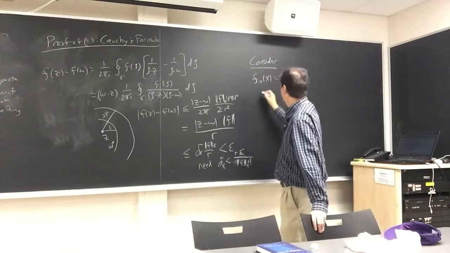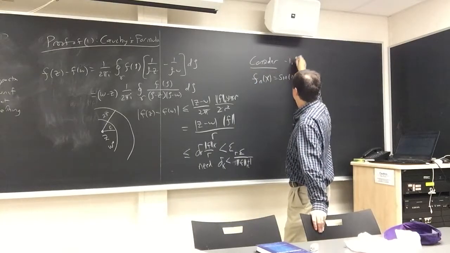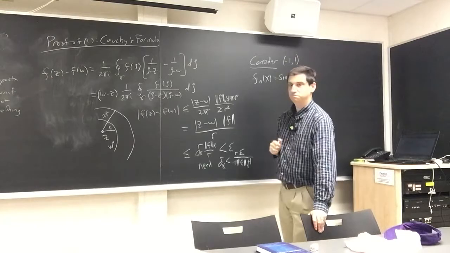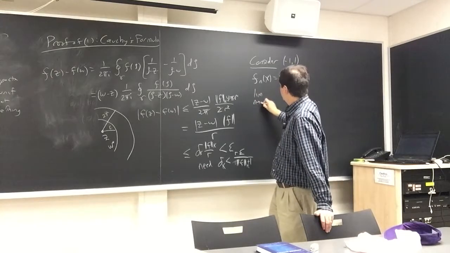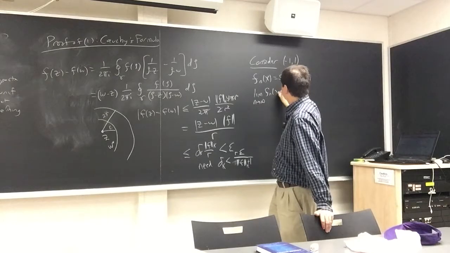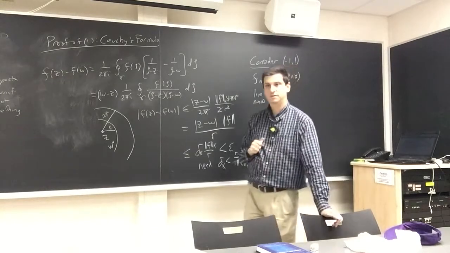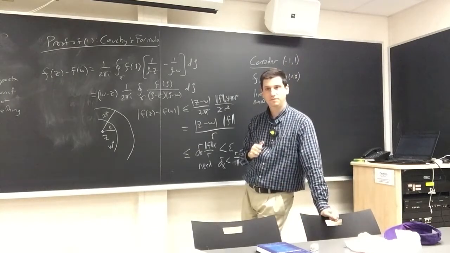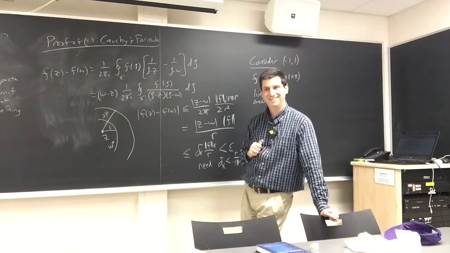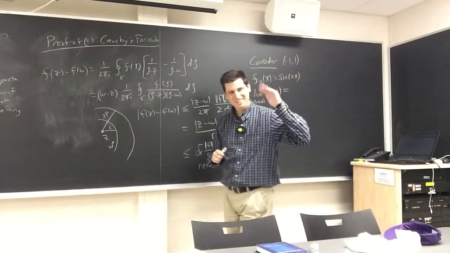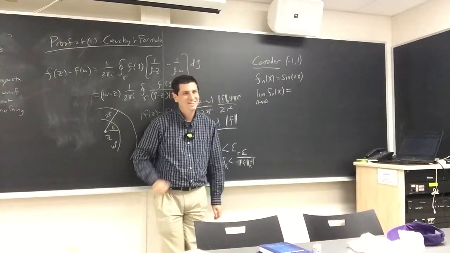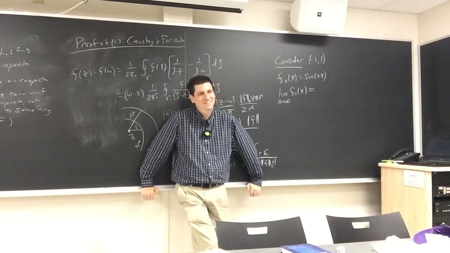Maybe I'll study this on the interval -1, 1. What do you get if you take the limit as n goes to infinity of f_n of x? So what does this mean?